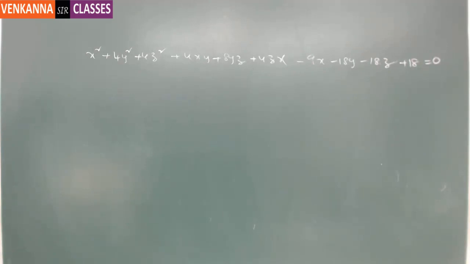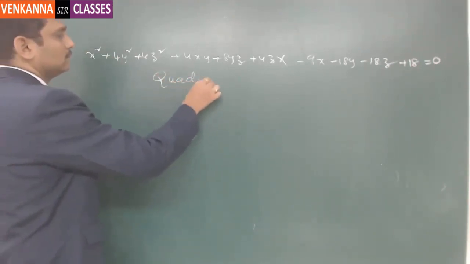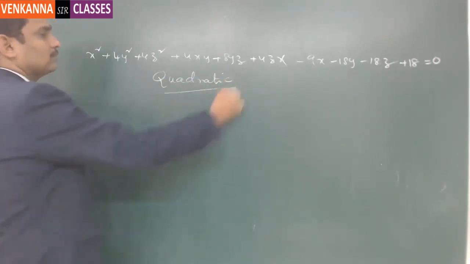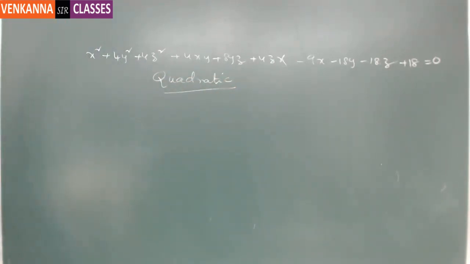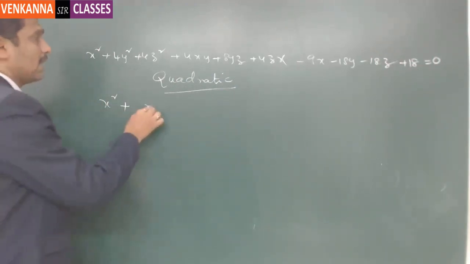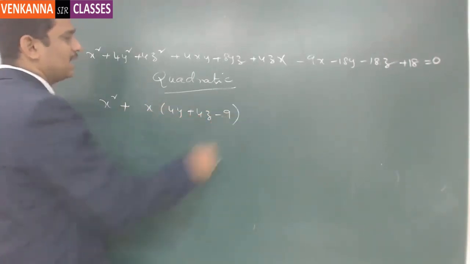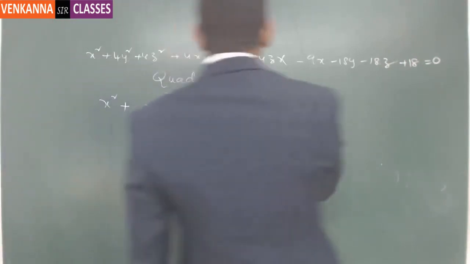Right. Now the method here is, we treat this as a quadratic equation, because a quadratic equation has two roots. So if you feel that it is a quadratic equation, you can take it as x square plus x into 4y plus 4z minus 9, and the remaining terms are nothing but the constant.